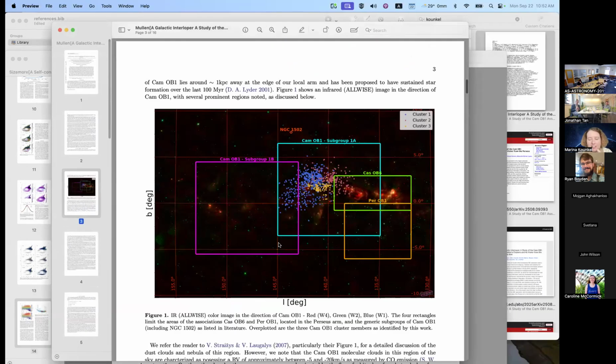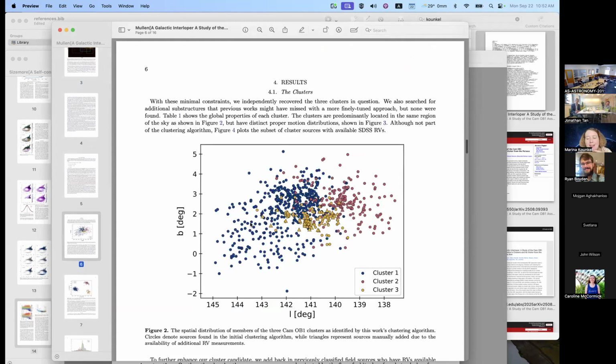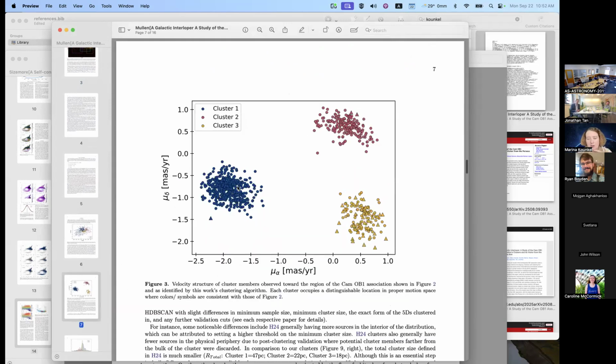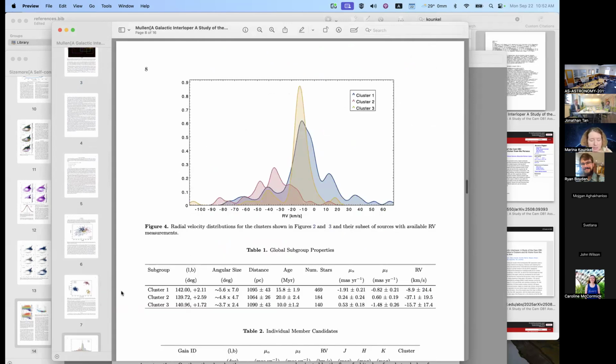For example, here we were looking at CAM OB1, which was one of our targeting commissioning fields for SDSS. This region is quite interesting because we have 3 kinematically independent groups of stars. They are slightly offsetting each other in the plane of the sky, but they are relatively nearby, and they are well separated out in proper motions and in radial velocities.